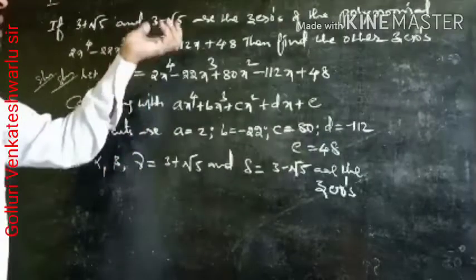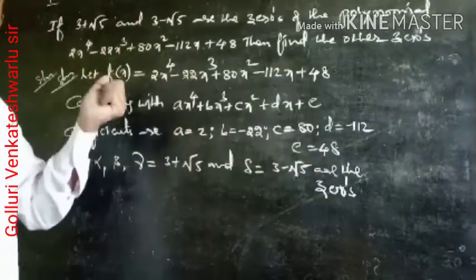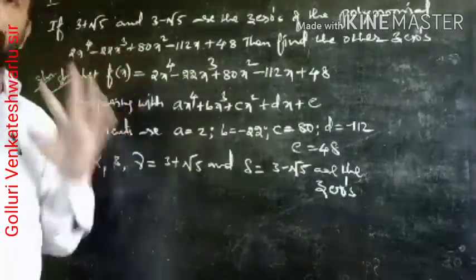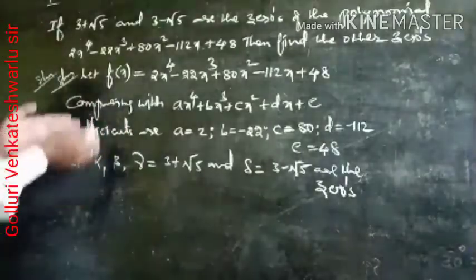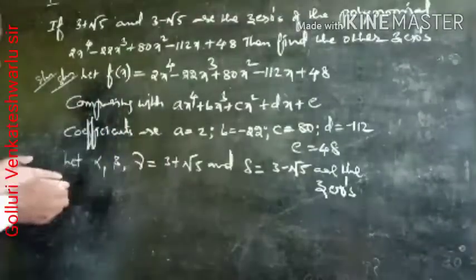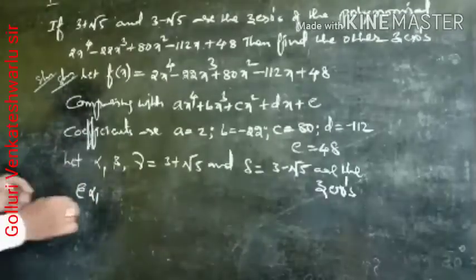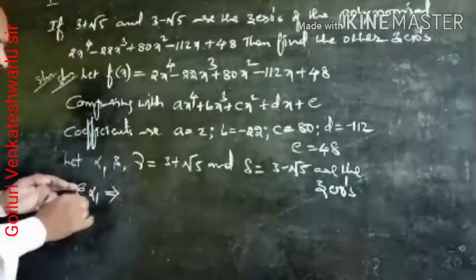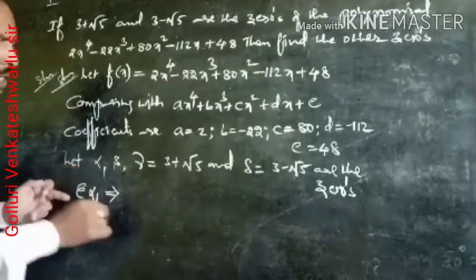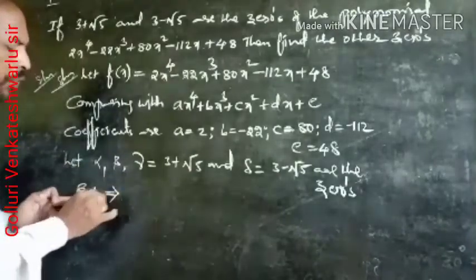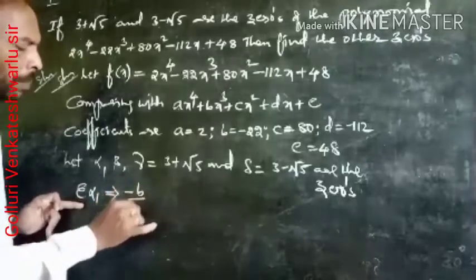Here while solving this problem, we need to remember 2 conditions. Those are the relations between zeros and coefficients. Sigma alpha 1, the sum of all the zeros, is equal to minus b by a.